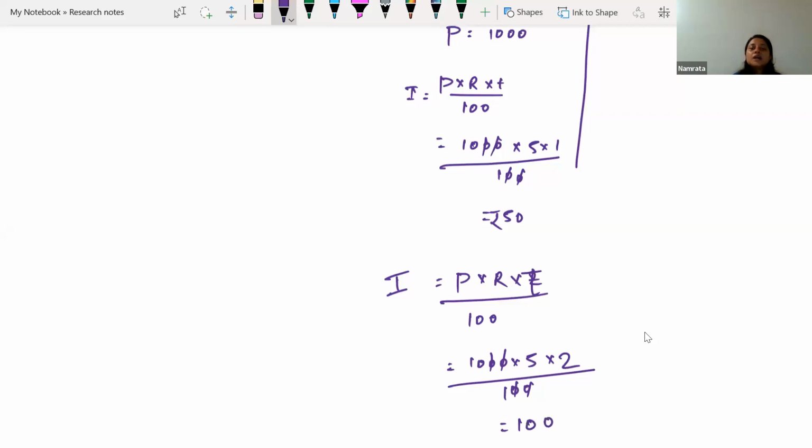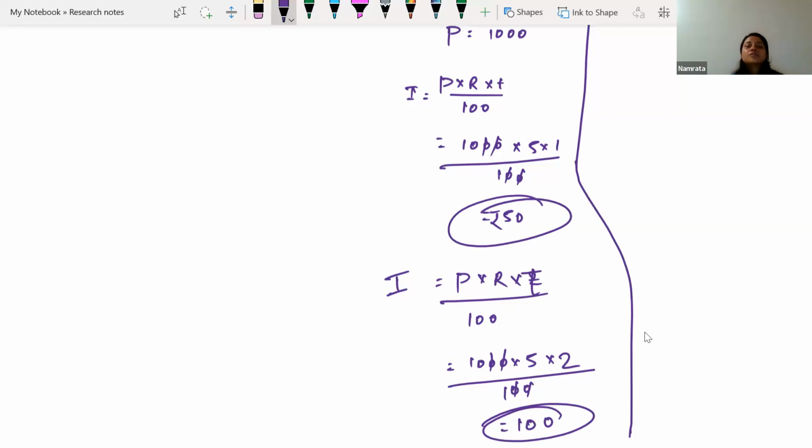Can you see we are getting 100 over here? Here we have got 50. Yes, ma'am. 50 in the first year, and 100 if you are paying directly in the second year. So 100 means 50 for the first year and 50 for the second year. This is how simple interest will keep on going.